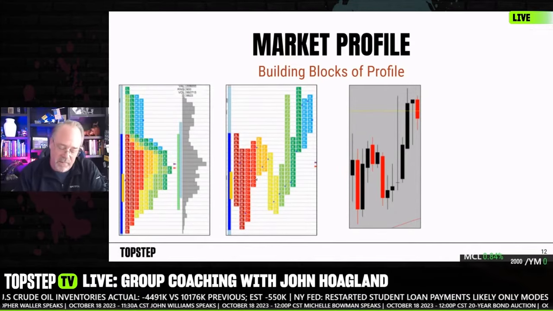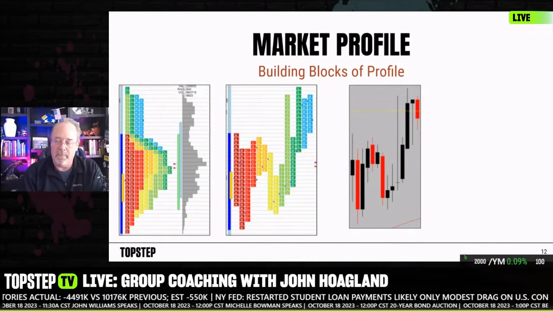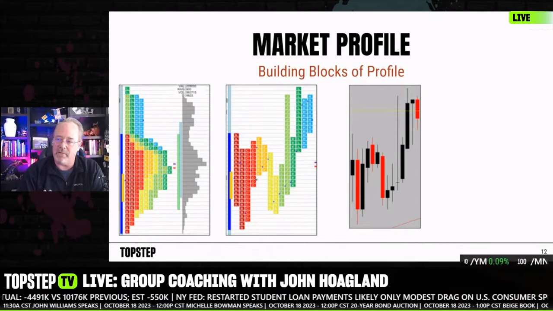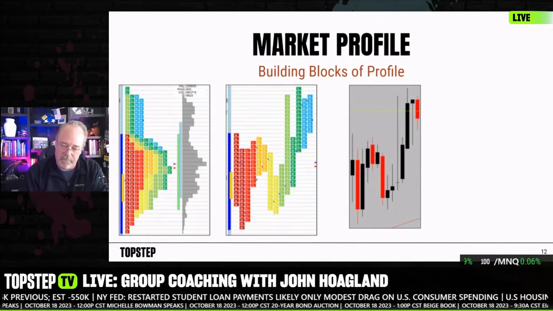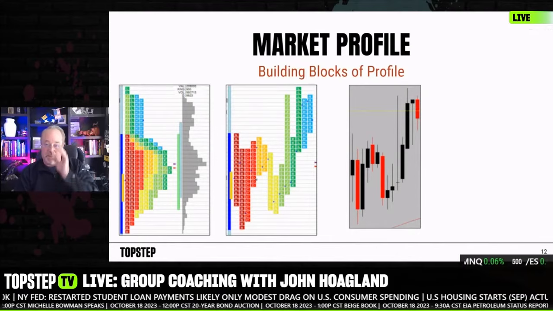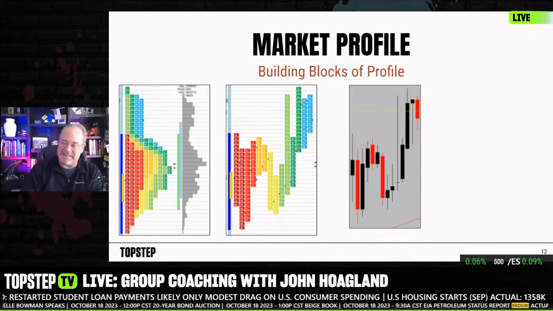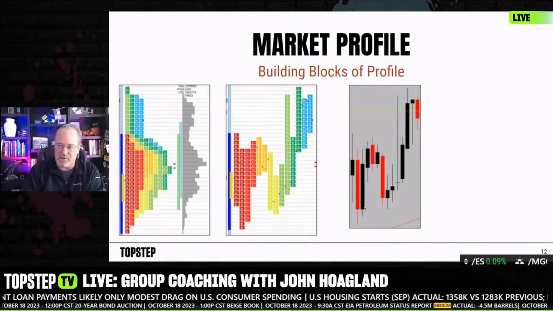Just the fact that the information is organized in a different way is indicative of how the profile graphic can change your view of what we might see on a 30-minute chart.